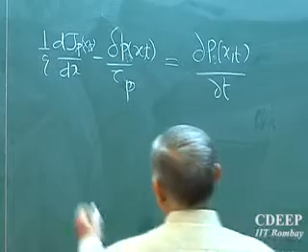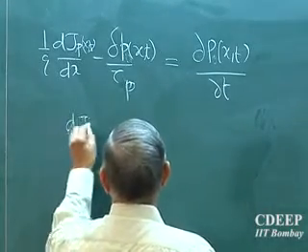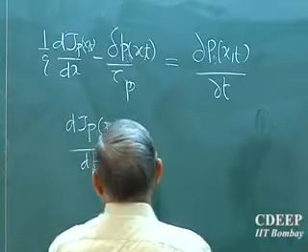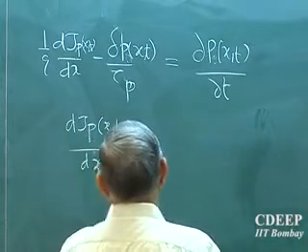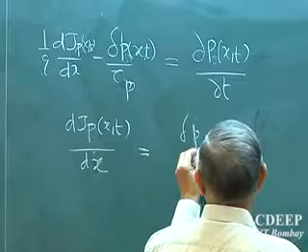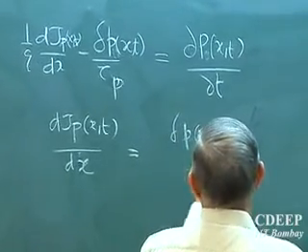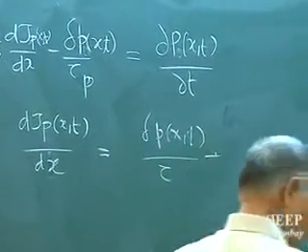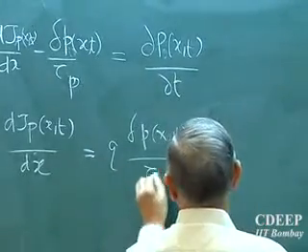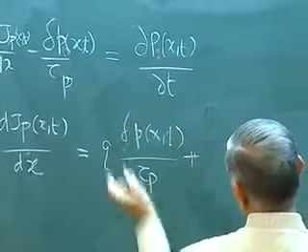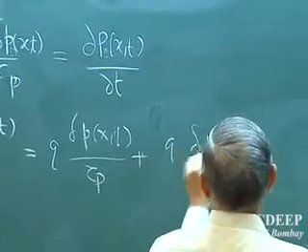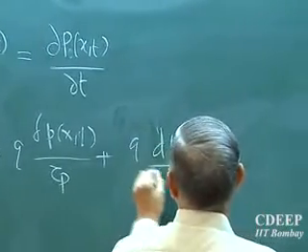So I can write dJp by dx is equal to q times delta p(x,t) by tau p, since I brought this q to this side, plus q times dp(x,t) by dt.